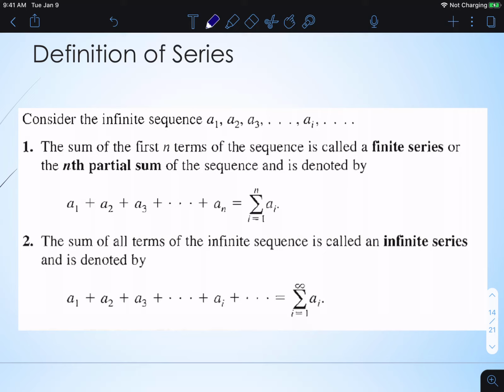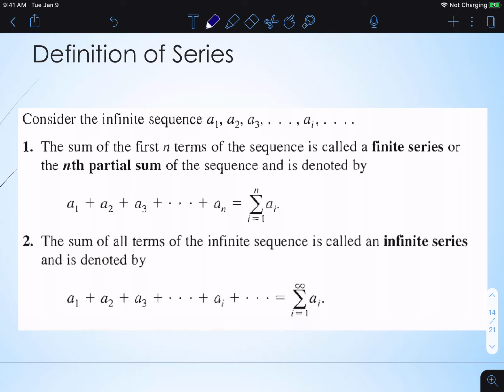The sum of the first n terms of the sequence is called a finite series, or the nth partial sum. We say partial sum because it's not talking about all infinitely many terms of the sequence, and it's denoted by a sub 1 plus and so on, using the summation notation, just as we talked about before.